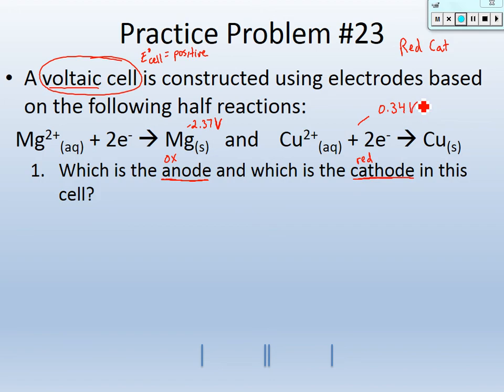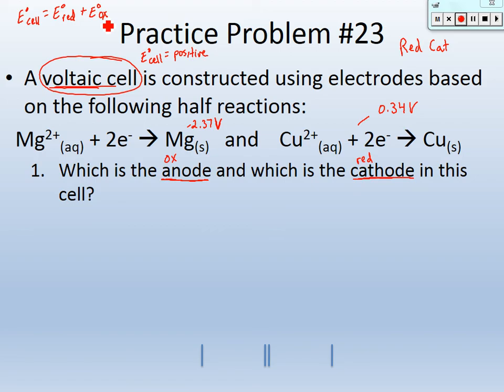All right. So if it's got to have a positive electric potential for the cell, if it's got to be positive, it can only go one way.